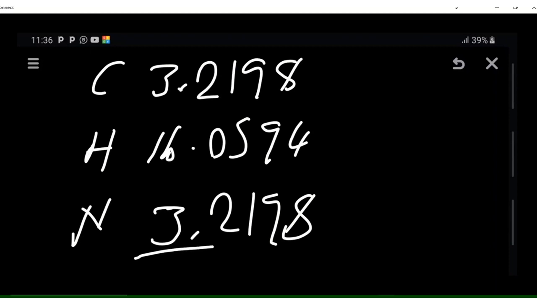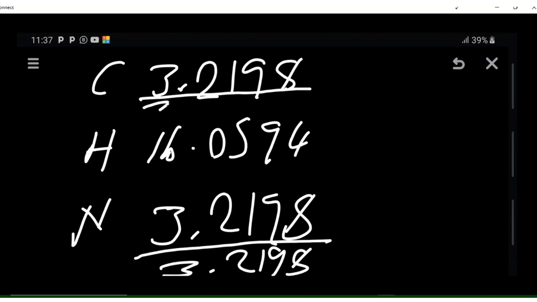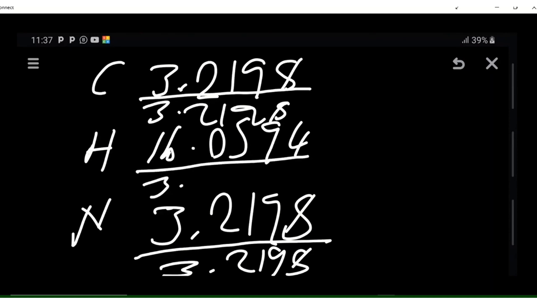My lowest number of moles is 3.2198. So we'll divide this one, that one, and this one. You can use your calculators.